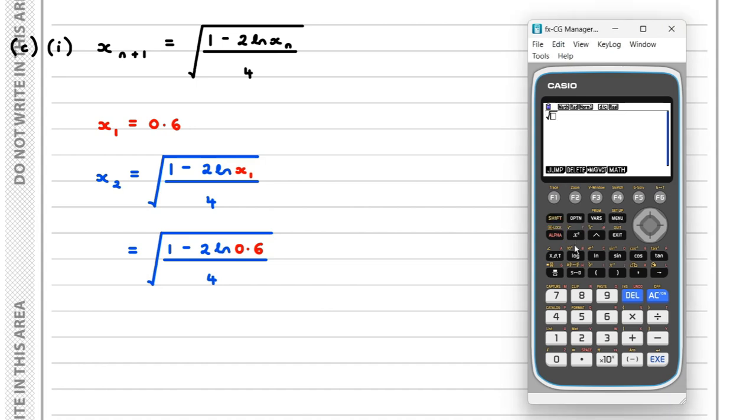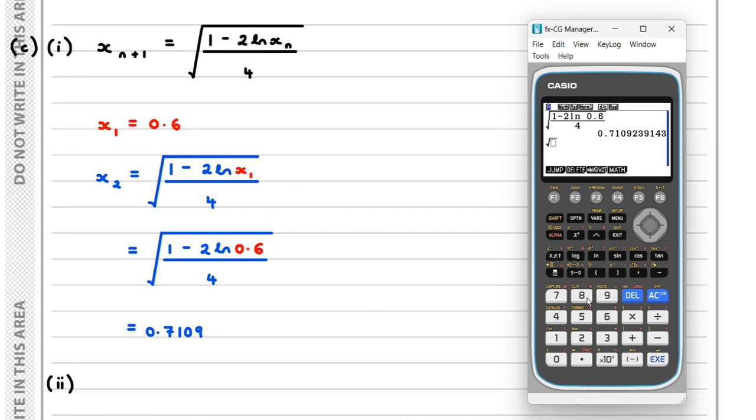And if we work this out, we have 0.7109239143, and to 4 decimal places, that's 0.7109. Now, for the second part of Part C, the 0.7109 etc. is stored into the answer function.